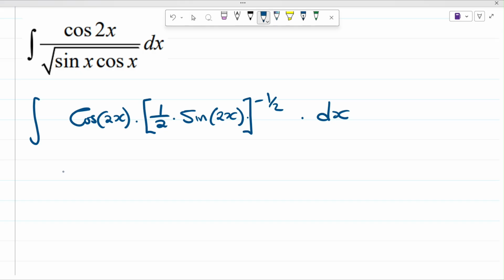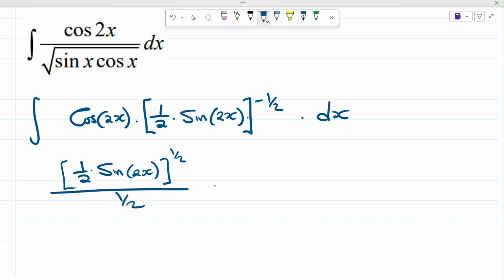So the answer for this is just going to be 1 over 2 sine of 2x to the power negative half plus 1. So that's going to be positive half, divided by positive half, and then plus c, and that's just it.